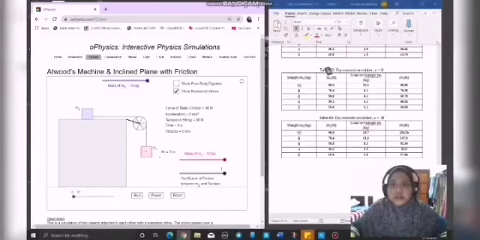Table 3, given dry concrete on rubber, angle equal to 0 degree, and the coefficient of friction between M2 and the surface is 1.